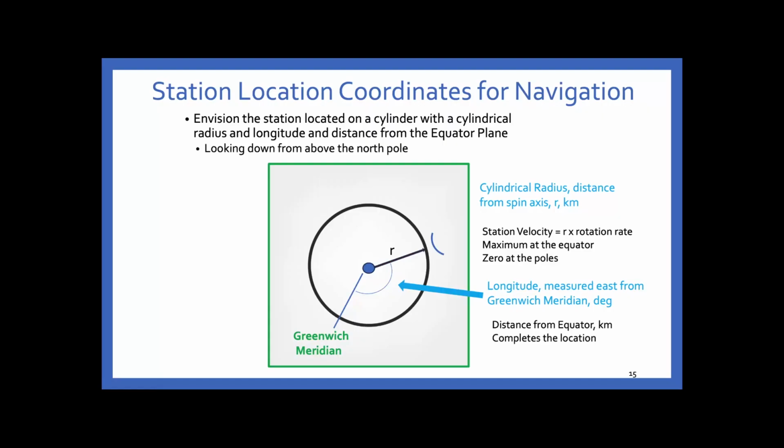of the location. Now, at this point, I want to indicate that the velocity of the station, just due to the rotation of the Earth, of course, is a function of the distance from the center and the rotational rate of the Earth, which is 360 degrees every 24 hours. And then it's an easy extension from that: at the equator, that velocity would be the maximum.